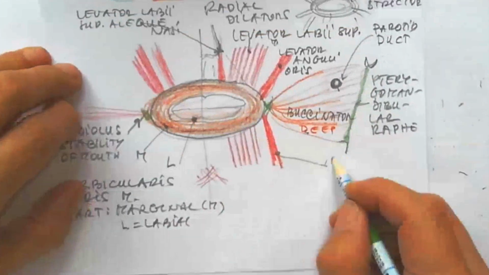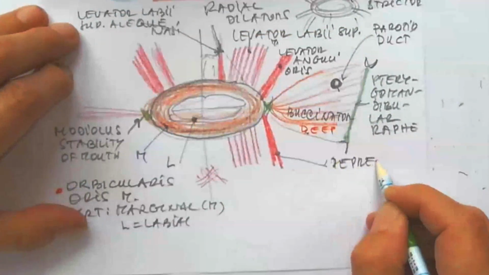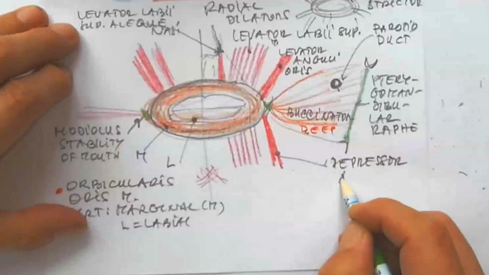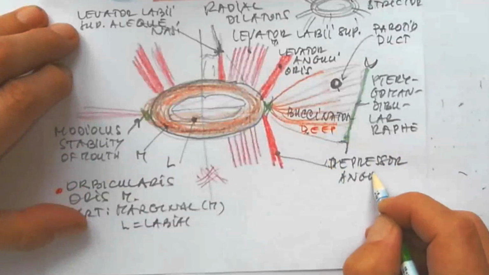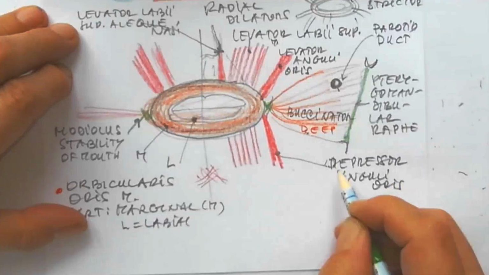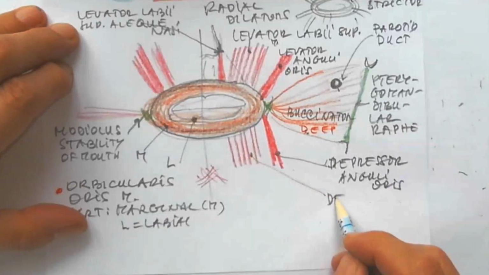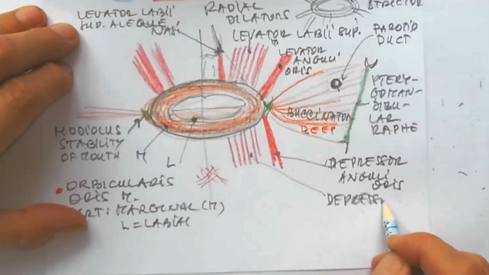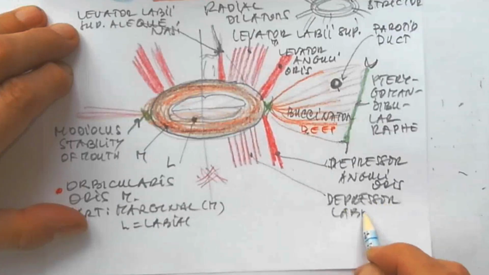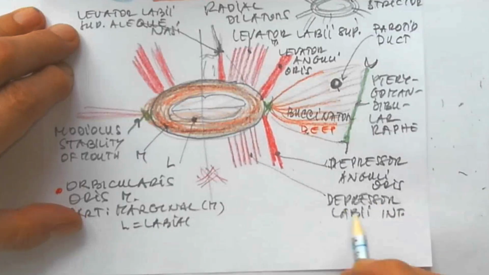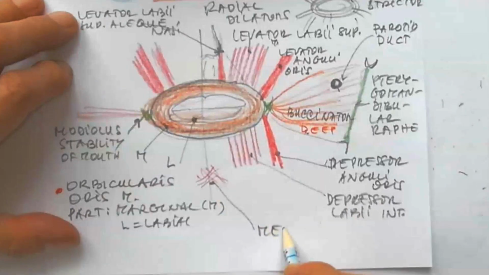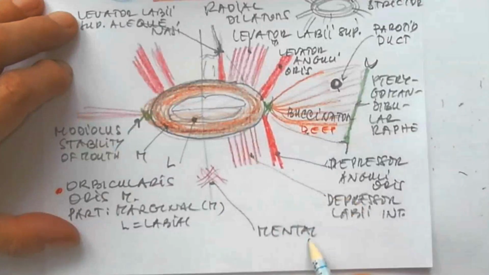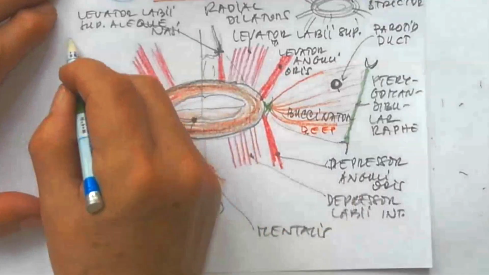That one is the opposite, the depressor anguli oris, and that one is the depressor labii inferioris. That's it. Mentalis, and I mean that it could be all mentalis. Okay.